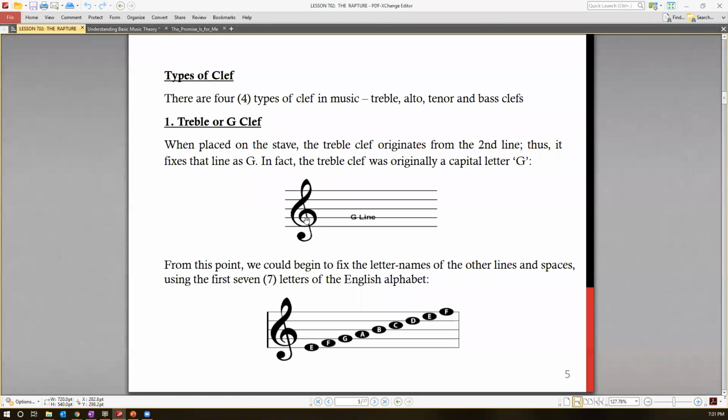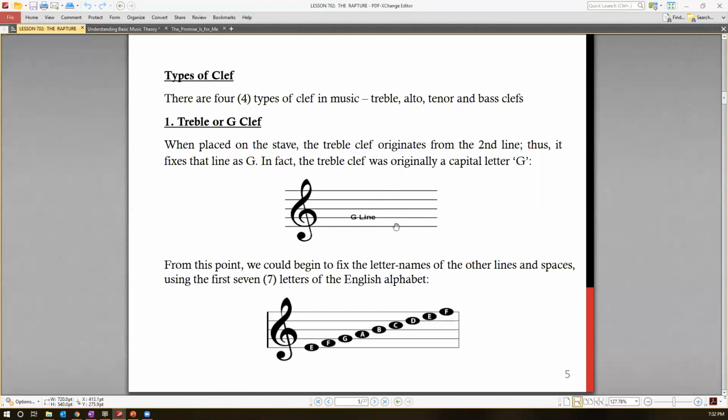This is the symbol for a treble clef or G clef. Why is it called a G? Because if we notice the portions where all these lines meet, they meet around this line here, which is a G.